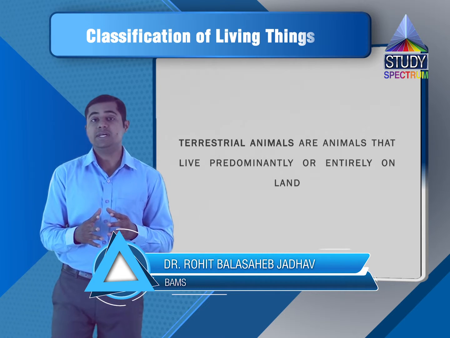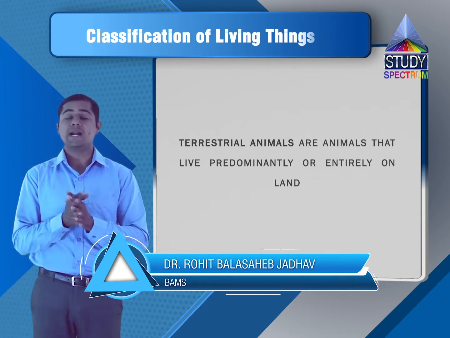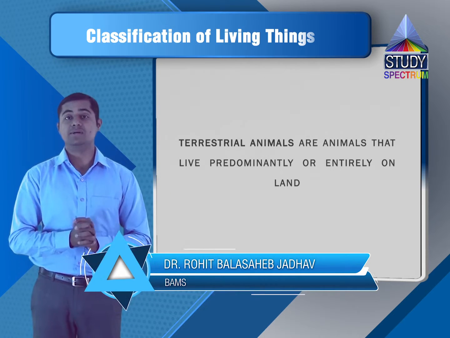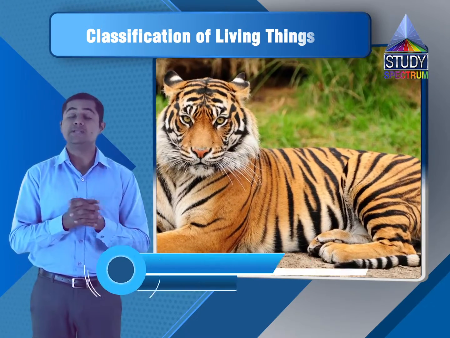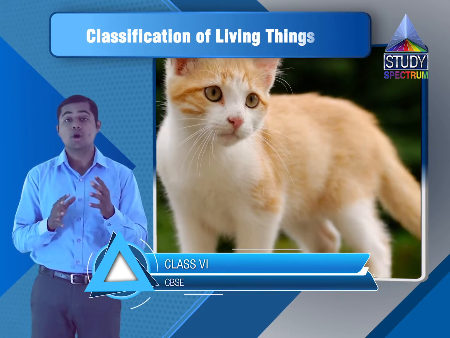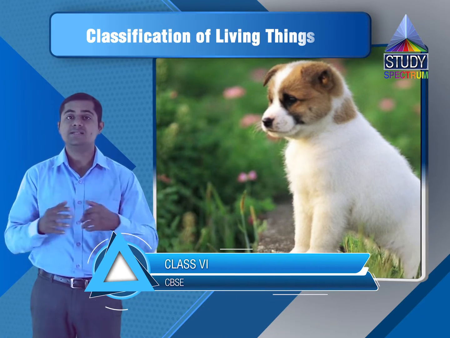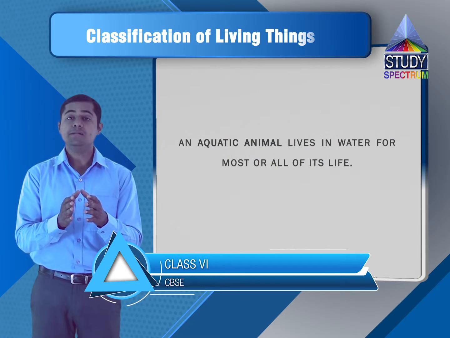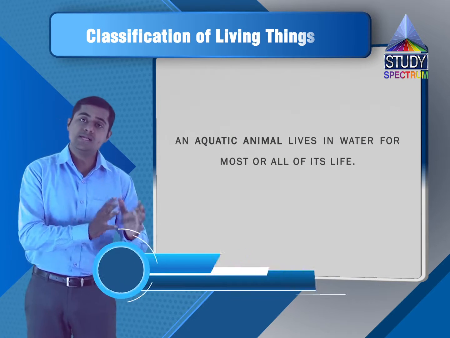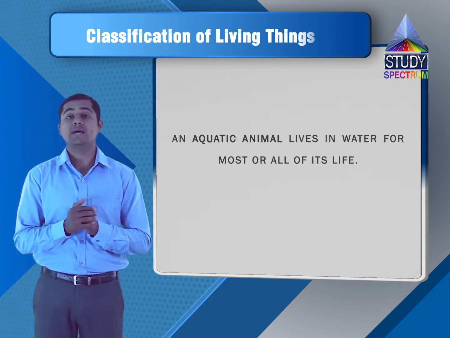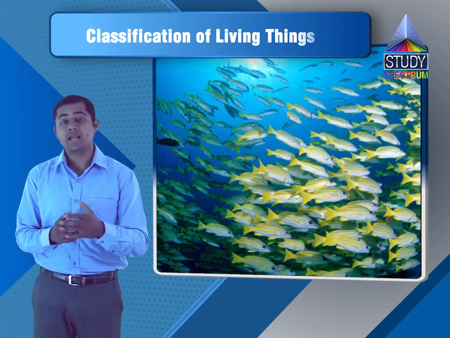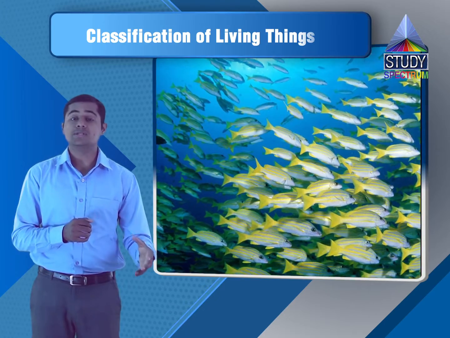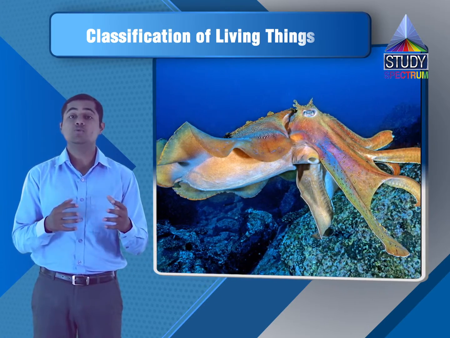The animals which can live only on the land are called terrestrial animals, like lions, tigers, human beings, cows, buffaloes, dogs, cats. All these are terrestrial animals. The animals which can live only inside the water are called aquatic animals. All the fishes are aquatic animals. Octopus is an aquatic animal. It needs water to live.